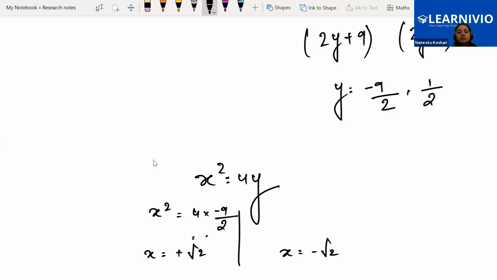Ma'am, I substituted 1 by 2. Yeah, because this one is not giving anything. Inside the square root, if a negative number is there, that is not a real number, that is an imaginary number. Complex number chapter you have done. So we are not going to talk about that. We will be taking 1 by 2 and yeah, that will only help.